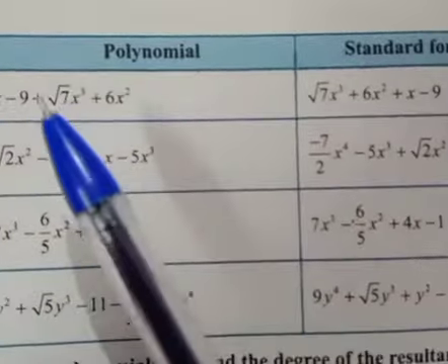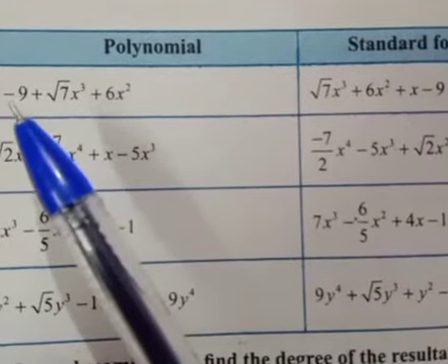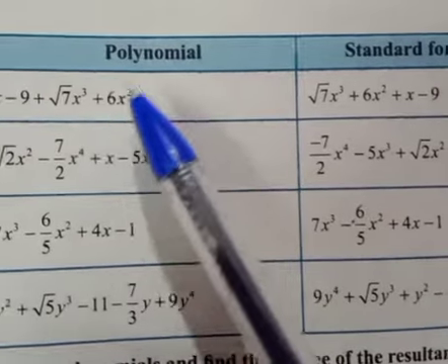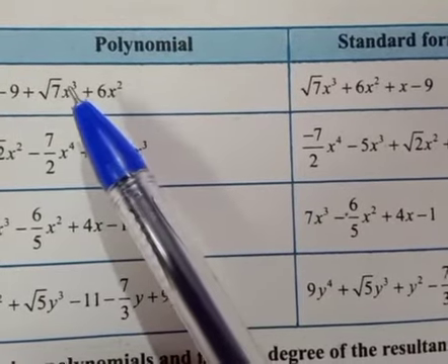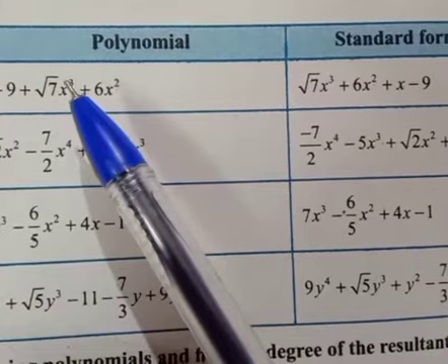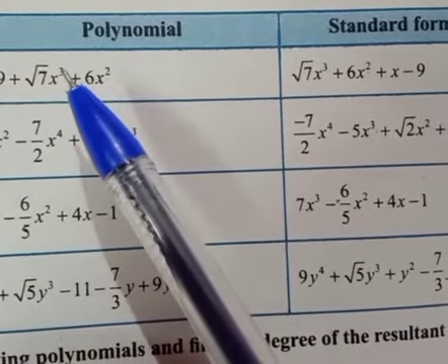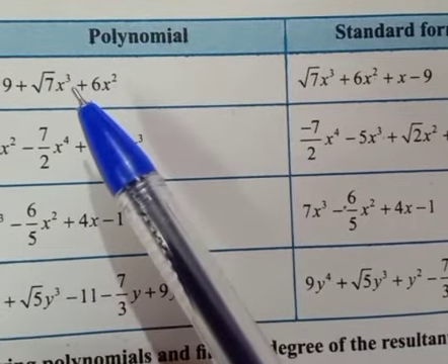The given polynomial you have to write in standard form. So that is the given polynomial x minus 9 plus root 7 x cube plus 6x square. You have to arrange the powers in descending order or ascending order. Okay, we will use descending order. What is the meaning of ascending order and descending order?